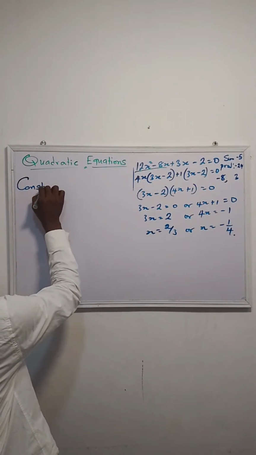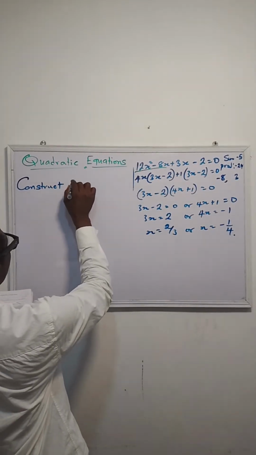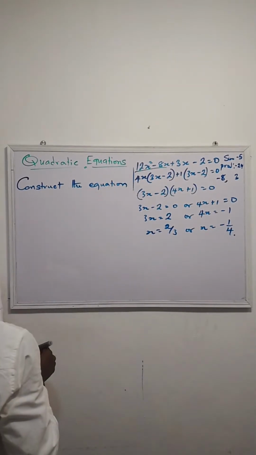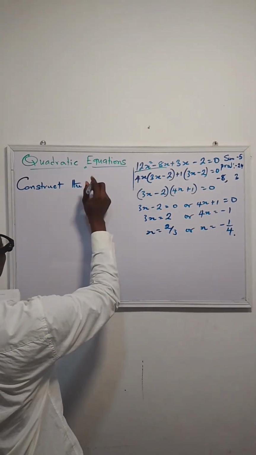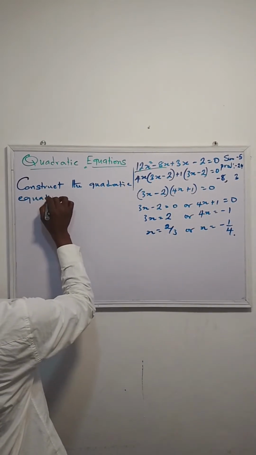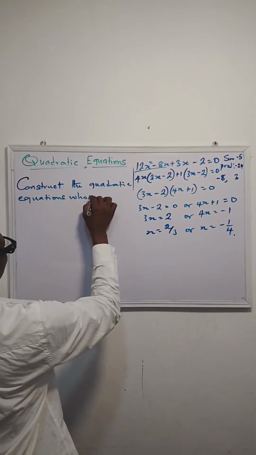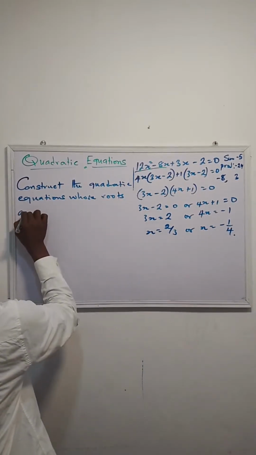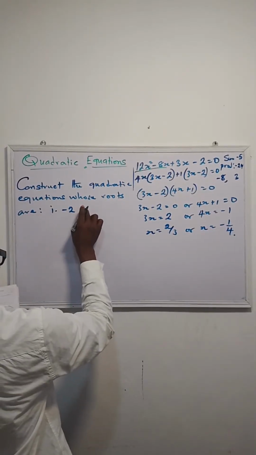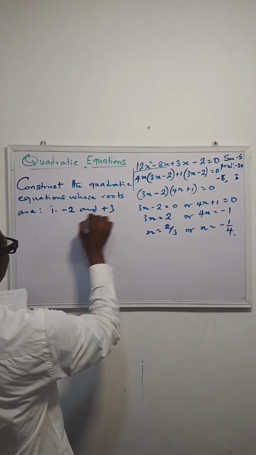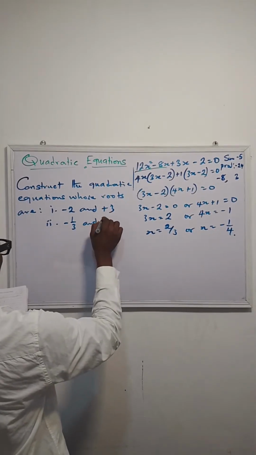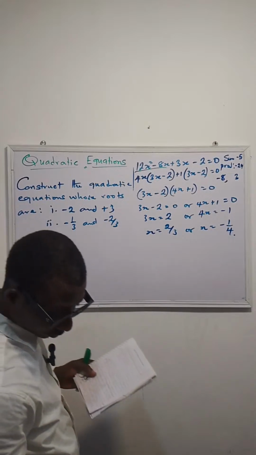Construct the quadratic equations whose roots are -2 and +3, and -1/3 and -2/3.